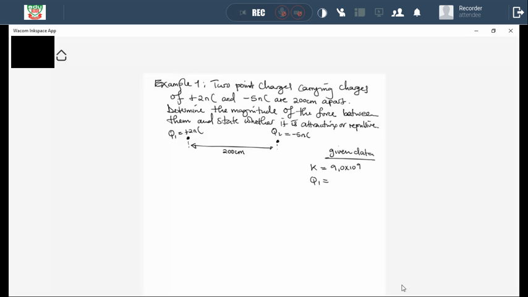Instead of writing 2 nanocoulomb, it becomes 2 times 10 to the power negative 9 coulomb. Charge 2 becomes 5 times 10 to the power negative 9 coulomb. Distance is in centimeters; we must write it in meters. There are 100 centimeters in 1 meter, so we divide by 100, which gives me 2 meters. What am I looking for? I am looking for F.